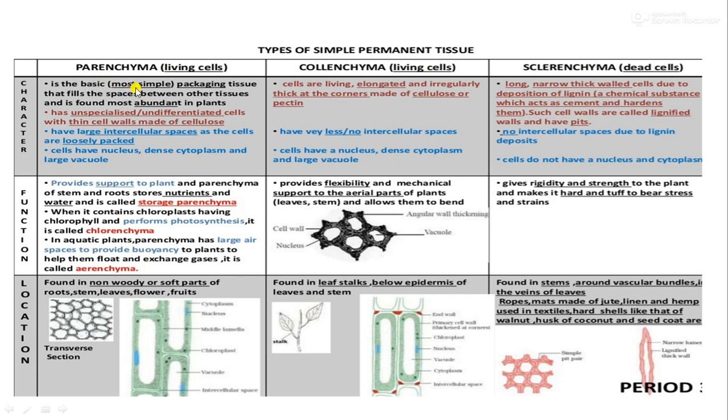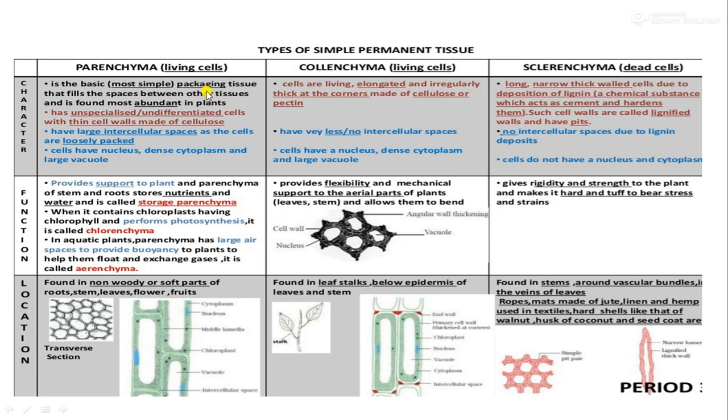It is the basic packaging tissue, the most simple type of cells. It serves as a packaging tissue that fills the space between other tissues, and is the most abundant tissue in plants because it is found in all organs or all plant parts. It has unspecialized or undifferentiated cells.